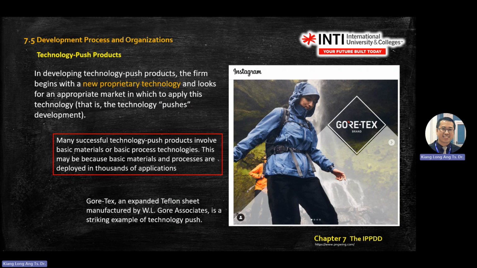I hope I read it correctly. What they do is manufacture sport products, but their strength is not in manufacturing sport products. Their strength is in technology, in high-tech materials.